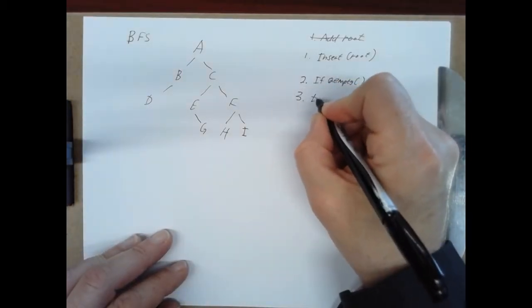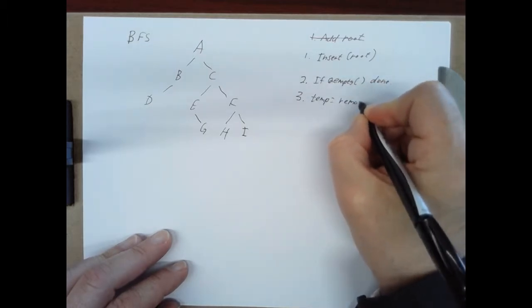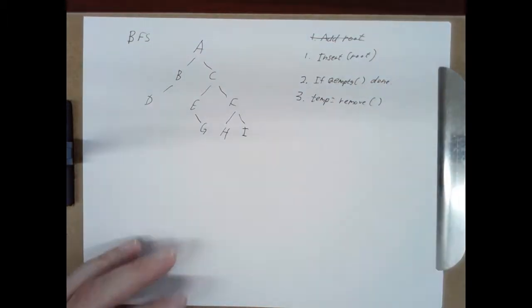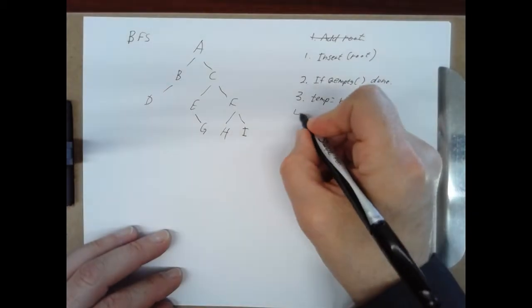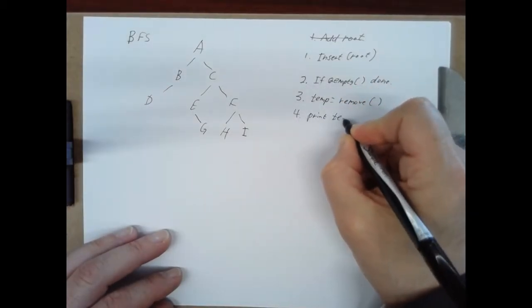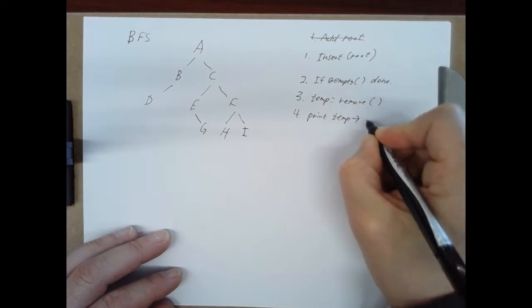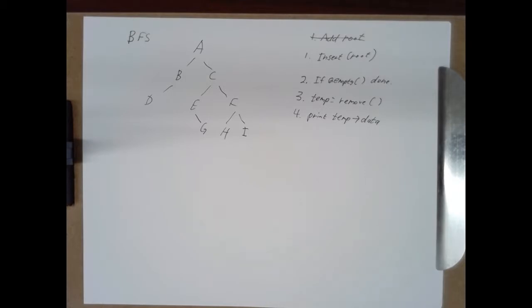Otherwise, temp equals whatever's at the head of the queue. So remove the head of the queue, and stick that in a temporary node called temp. Print out temp's data, so that's our actual visitation of that node.